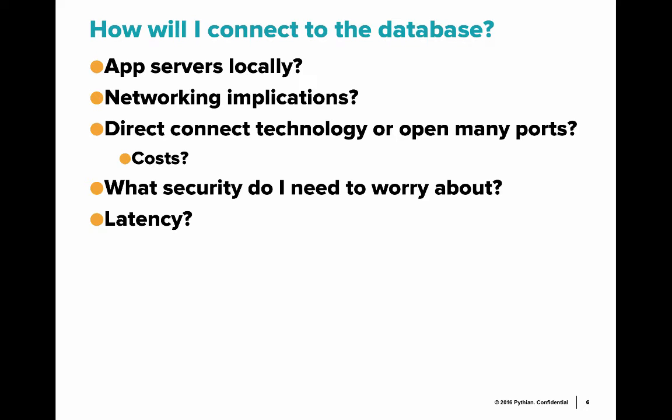And what does that mean? What is that going to cost? Because it can be potentially fairly expensive. And what security do I need to worry about? Do I need to open a whole bunch of ports and now I'm putting my security at risk? And what's that going to mean from a latency perspective? Is that going to affect the perceived performance of my users?